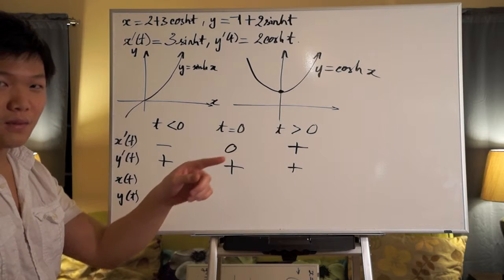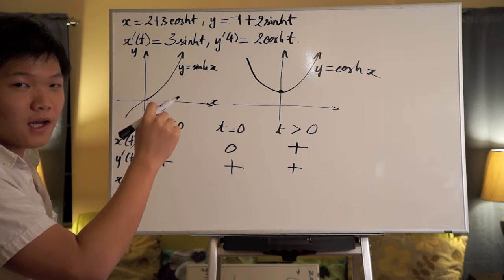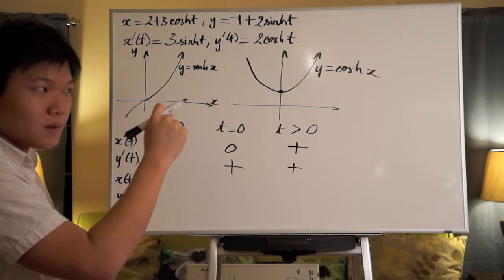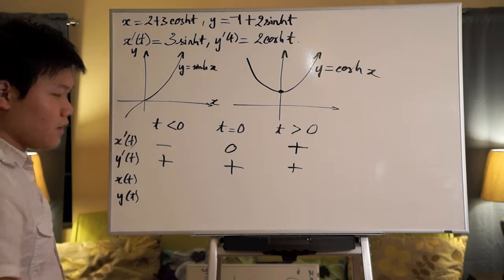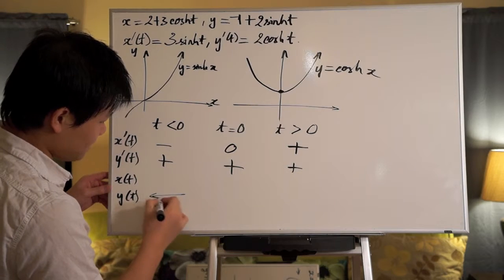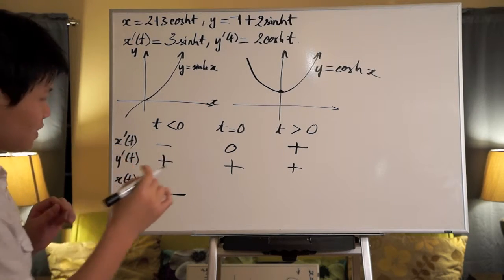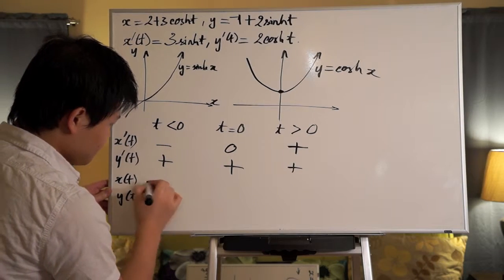It's not going to the right anymore. Whatever the point on the curve that we're trying to find, its horizontal value keeps going negatively, so it keeps going to the left. Sorry, this one is for x.